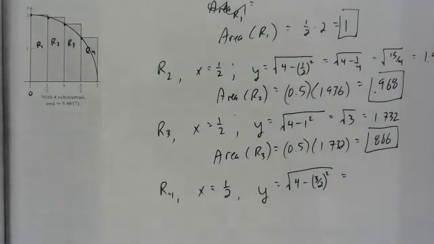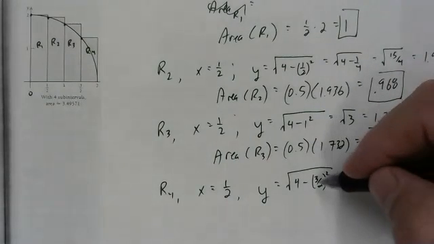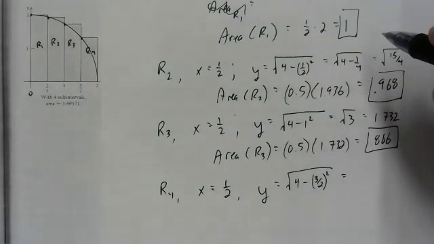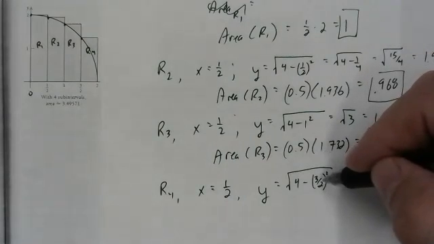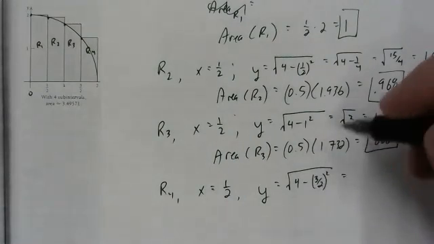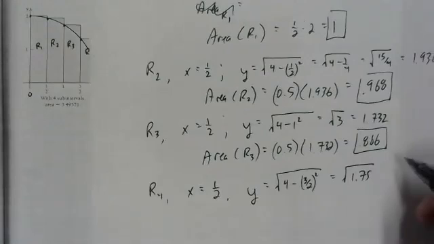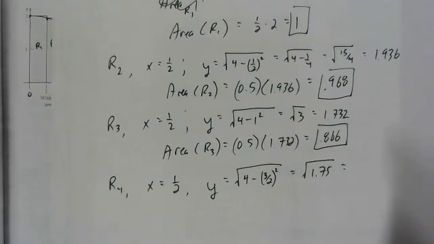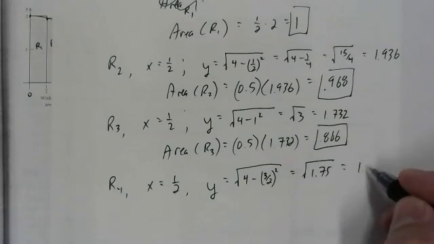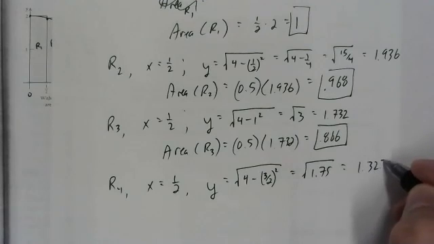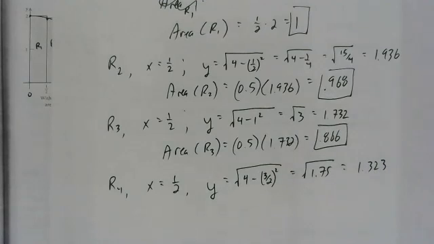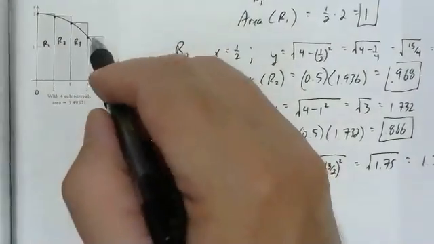I'm not going to even simplify that, I'm just going to use my calculator. 3/2 is 1.5, so 1.5 squared, make it a negative, and add it to 4. So this is the square root of 1.75, which is 1.323. That's now the height.